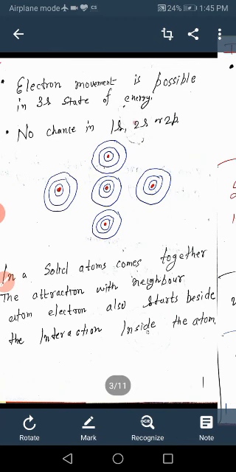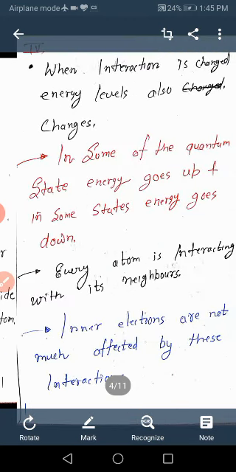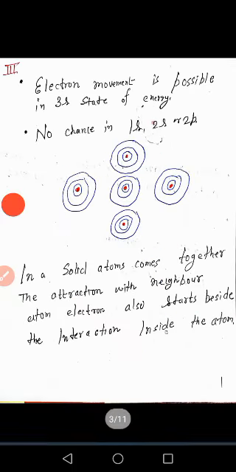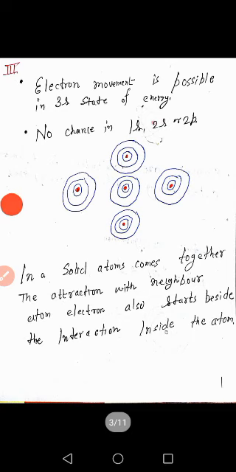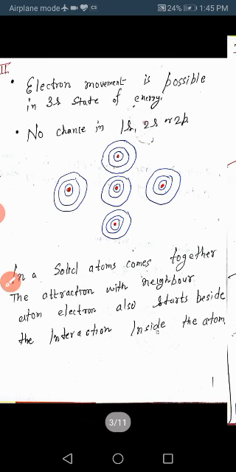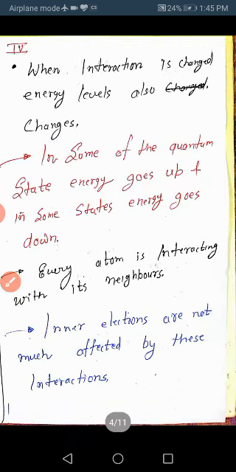So you need to understand, in a solid there is a 3D figure, and the atoms are there. At the bottom of this atom, there must be an atom, and above this atom, there should be one more atom. Now, inner electrons are not much affected by these interactions.